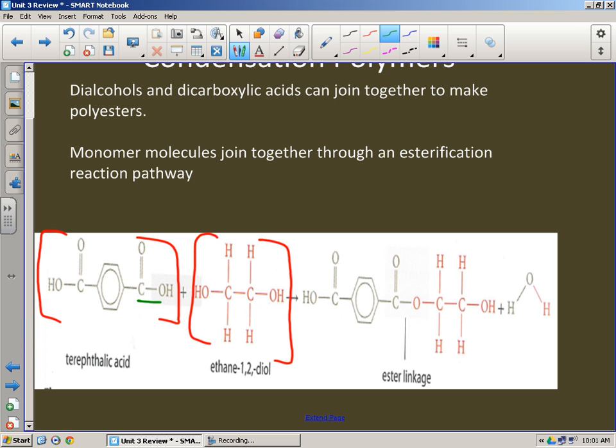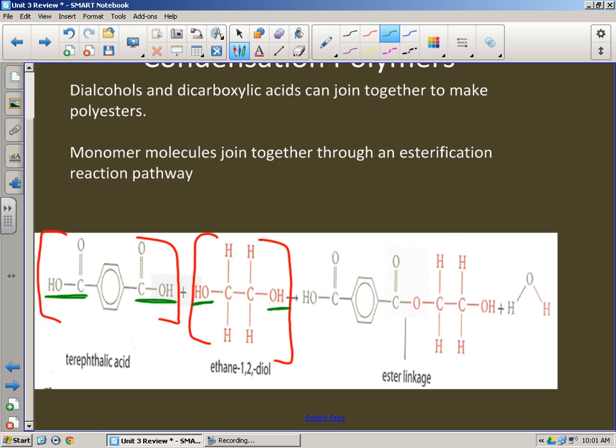But we have this here and, of course, this here. We have the same thing on both sides at the ends. And the reason that's there, of course, is because that has to combine with an alcohol, which combines with an acid, which combines with an alcohol, which combines with an acid, an alcohol, an acid, an alcohol. So they need this stuff at both ends for it to combine together, basically, right?